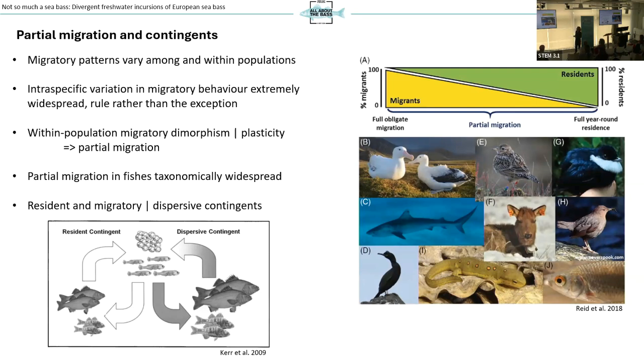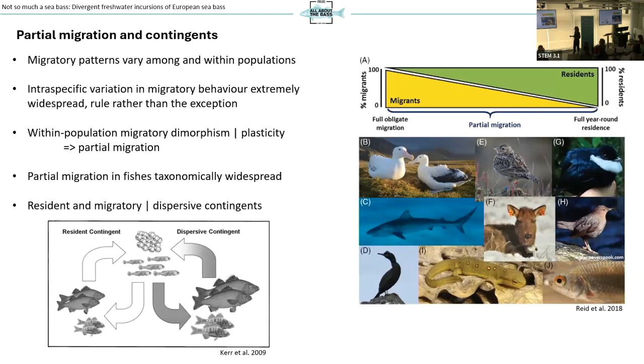And we often term these differences in migratory behavior partial migration. When we find a lot of plasticity in migratory behavior, we term this partial migration, as you can see on this upper graph, where you have varying proportions within a population that either migrate or stay resident.